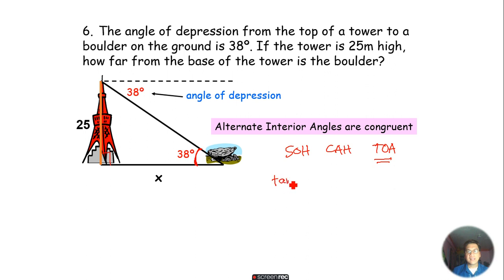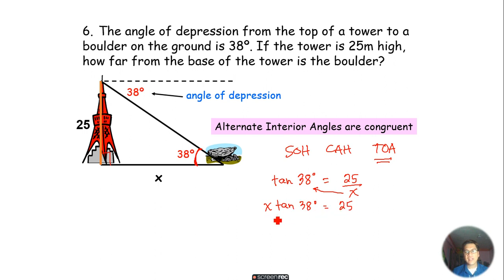Let's write the equation. Again, tangent 38 degrees will be equal to TOA, so 25 over x. Then we'll just cross multiply. So this becomes x times tangent 38 degrees equals 25.